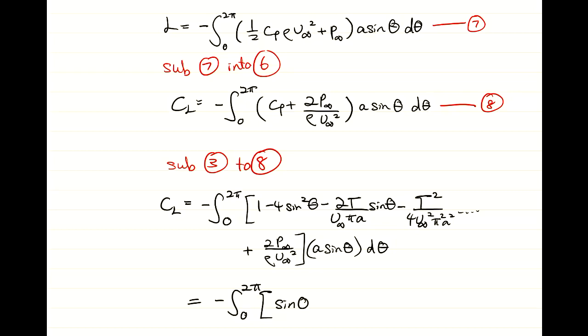So I'm going to clump all the sine theta terms together, okay? So I'm going to have 1 minus gamma squared over 4 u infinity squared pi squared a squared plus 2 p infinity divided by rho u infinity squared, okay, plus everything else.